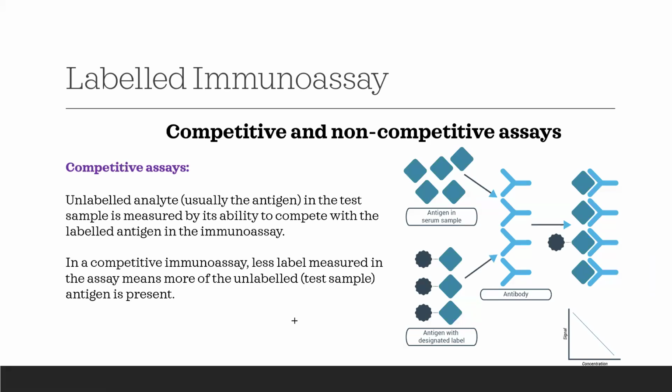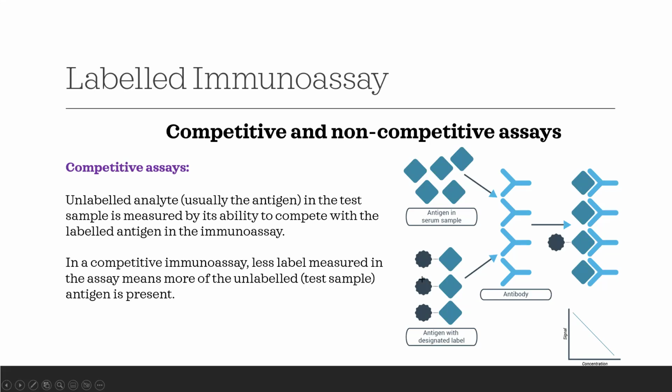The labeled immunoassay can also be grouped as competitive and non-competitive assays. For the competitive assay, as we can see from this diagram, these are the antigens in the serum sample. Basically, these are the analytes of interest, something we want to test, and we also created some antigens with labels.